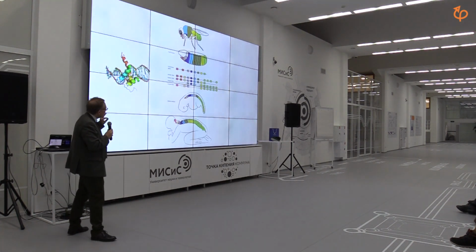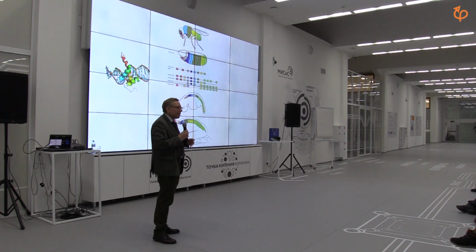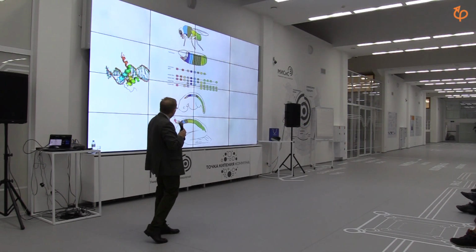But this is showing you specific transcription factors, which are the HOX genes. And here is such a HOX transcription factor symbolized with these spirals, which binds to DNA and switches on genes. And this slide shows you that all animals use the same genes also for making, for example, the regionalization along the body.